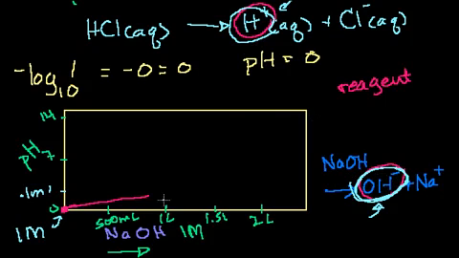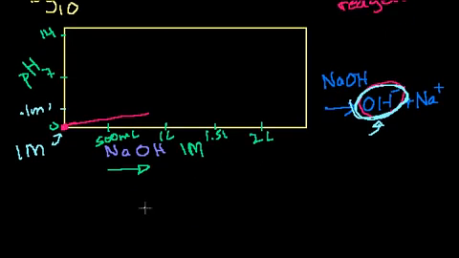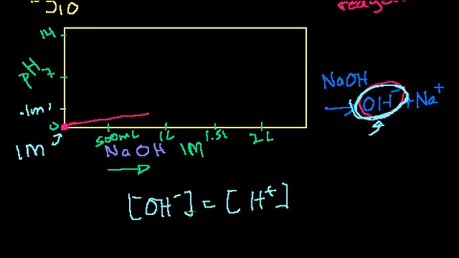And if you think, well, what happens when there's an equal amount of hydroxide and hydrogen? Well, then you're neutral. If your hydroxide concentration is equal to your hydrogen concentration, you're neutral. This is just like water. You're at a pH of 7.